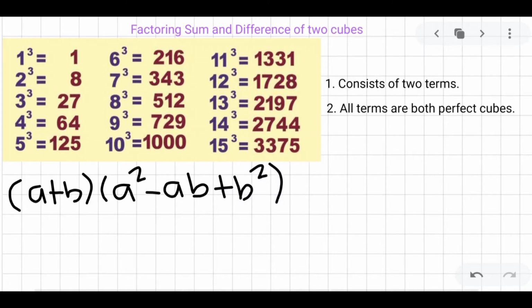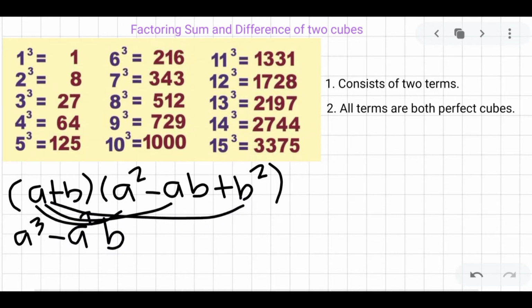Okay, so to get the equation of these two factors, we're gonna have to multiply them. So let's multiply. A times a squared, the answer is a cubed. A times negative ab, the answer is negative a squared b. A times positive b squared, the answer is positive ab squared.